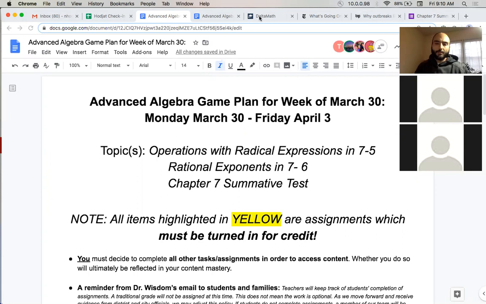So just to recap, the topics for this week were operations with radicals in lesson 7-5. You're performing different operations, addition, subtraction, multiplication, division, with radical expressions.